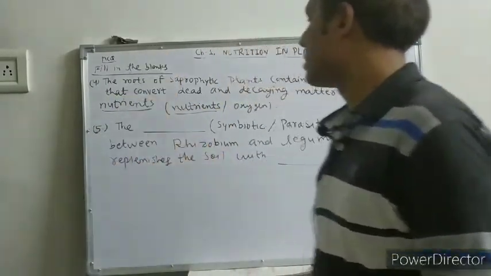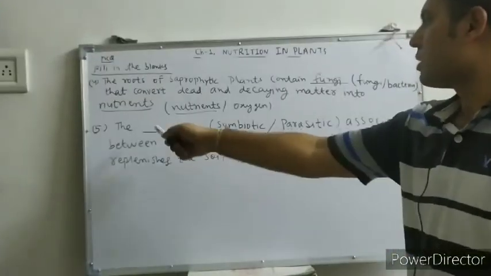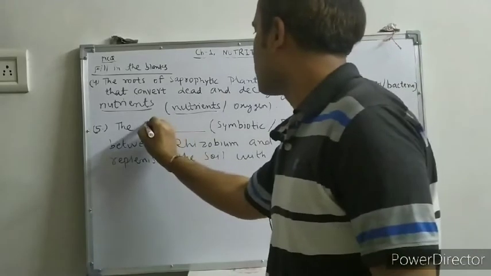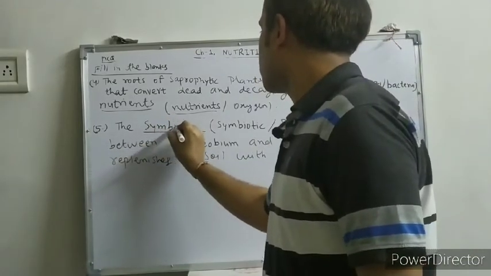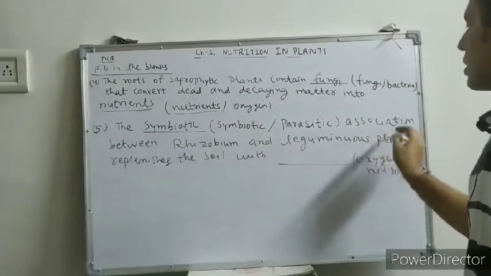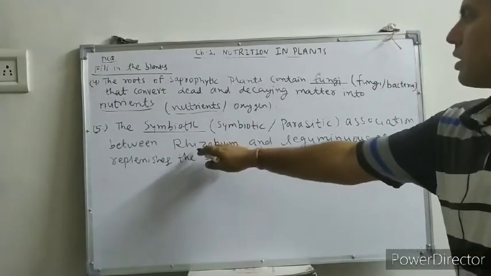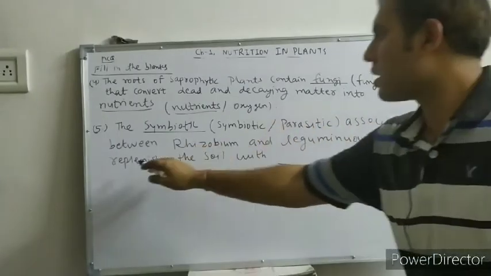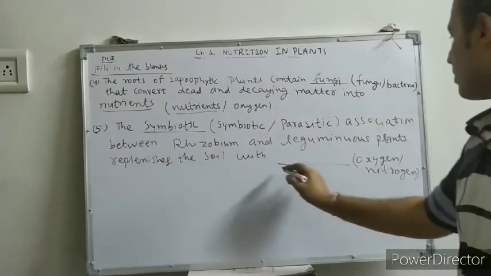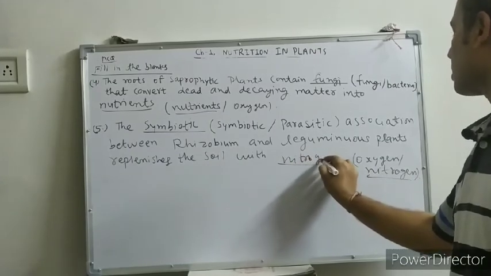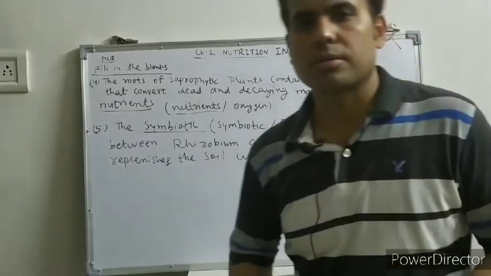Nutrients is the right answer. Now fifth, the symbiotic association. The correct answer is symbiotic. Here, the symbiotic association between rhizobium and leguminous plants replenishes the soil with nitrogen. This is the correct answer.